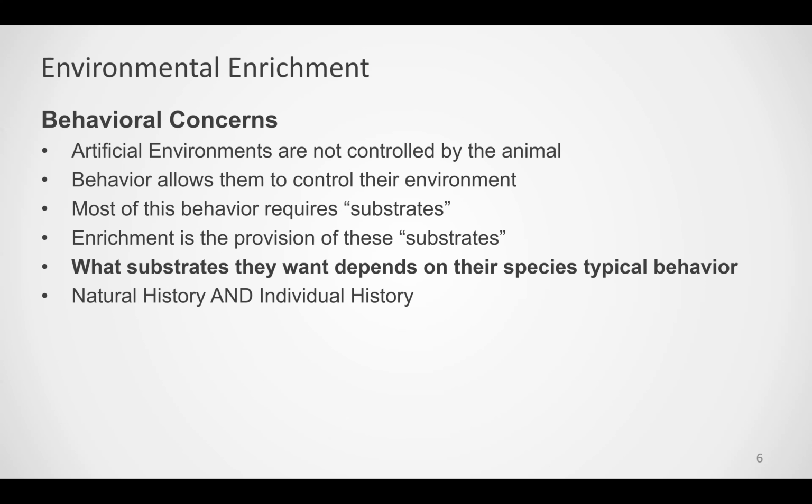Most of the behaviors require some kind of substrates. The substrate can be bedding, it can be a type of nesting material for the animal, it can be a type of hiding area for the animal, somewhere that helps make it feel secure. And you'll see some of these in the mice when you're in the lab.